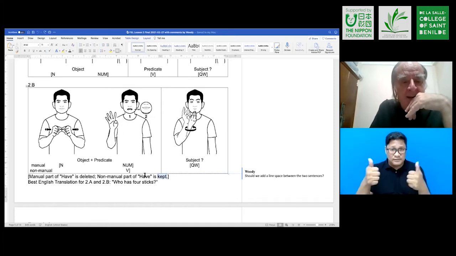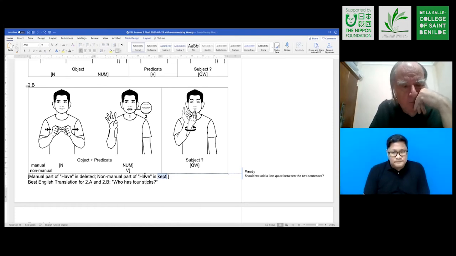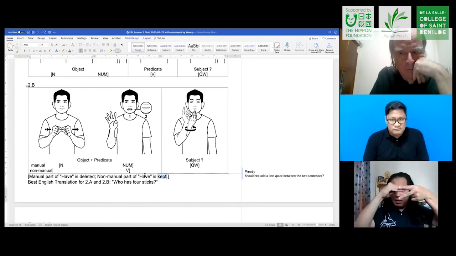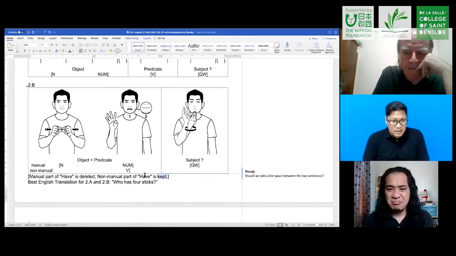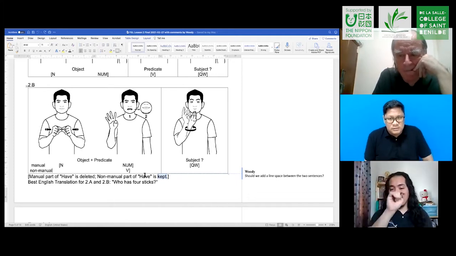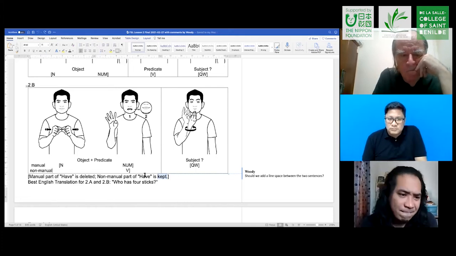Okay, let's go down further. Maybe if we can adjust it a little bit, maybe even make the font a little bit smaller, or even add a little dotted line or something in the middle.